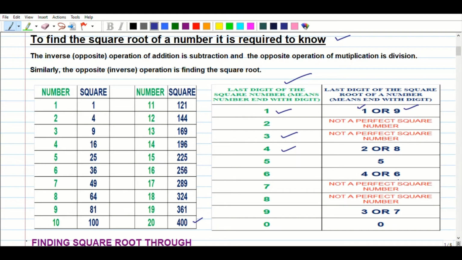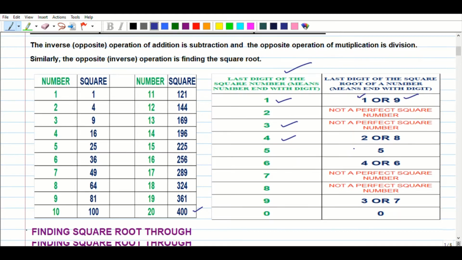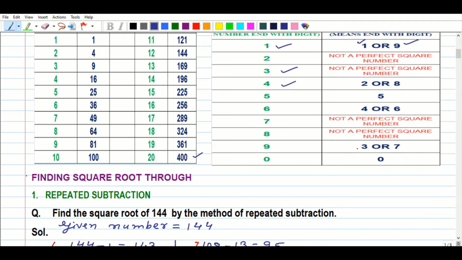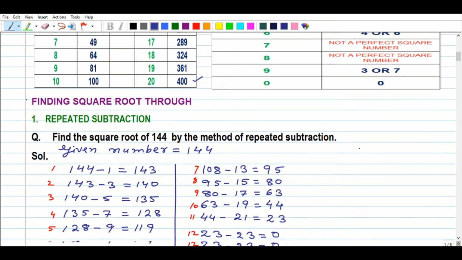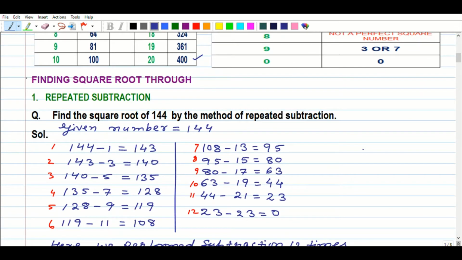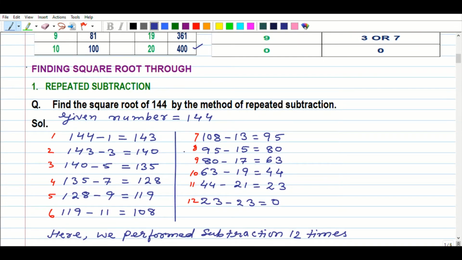Right. Now, finding the square root through repeated subtraction. For example, find the square root of 144 by the method of repeated subtraction. Here we recall that the sum of the first n odd natural numbers is n square.